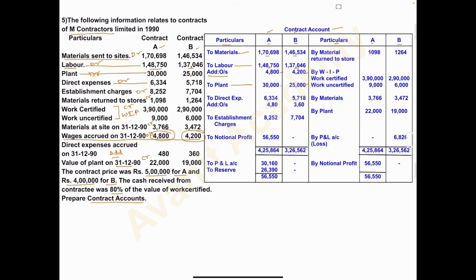Write on the debit side to direct expenses A 6,334 and B 5,718. To that we have to add outstanding direct expenses accrued on 31st December. A 480, B 360.